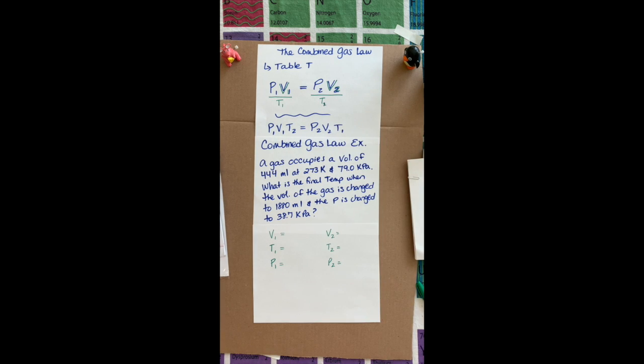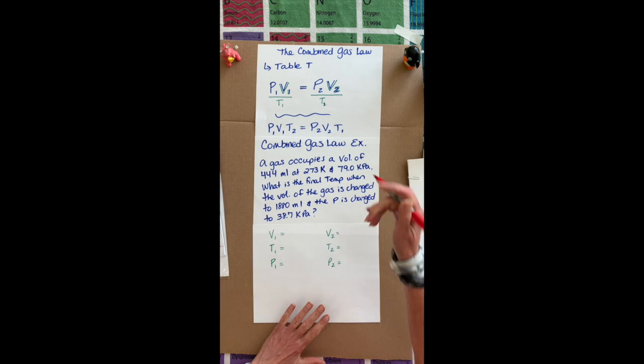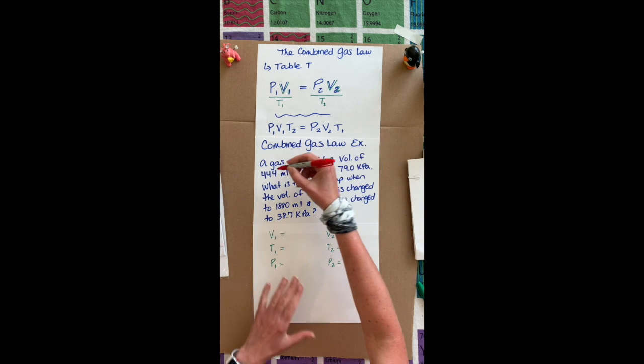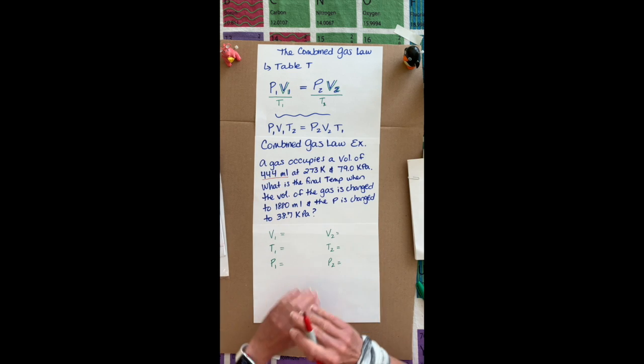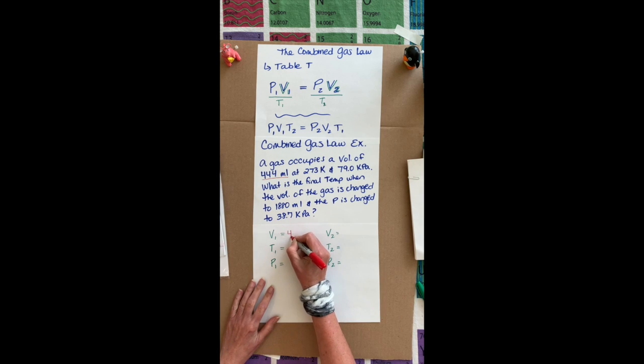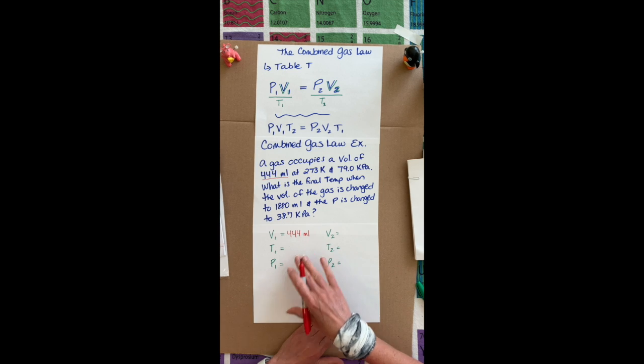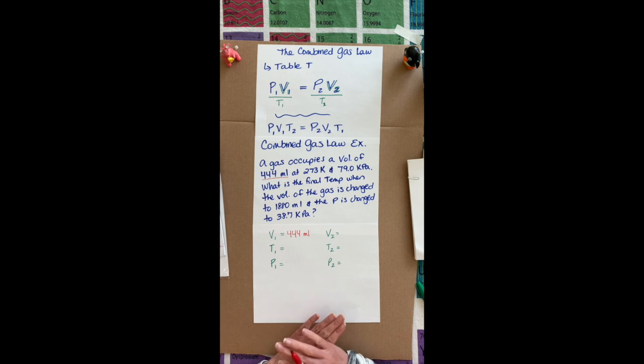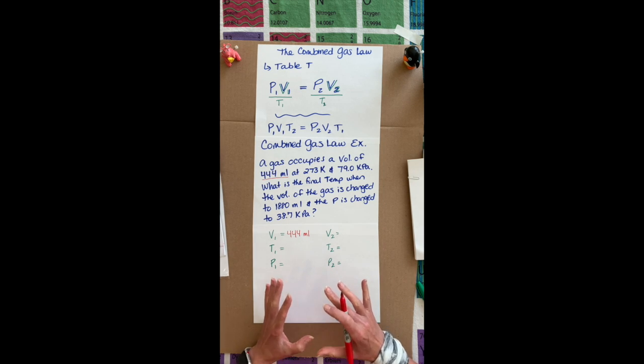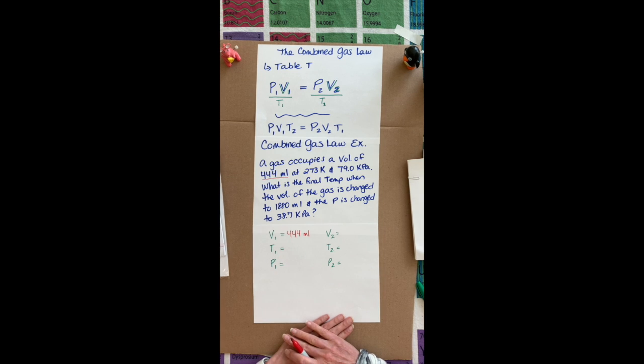So when we look at that combined gas law example, a gas occupies a volume of 444 milliliters. It doesn't matter if this volume is in milliliters or liters, by the way, as long as it's consistent in the problem.